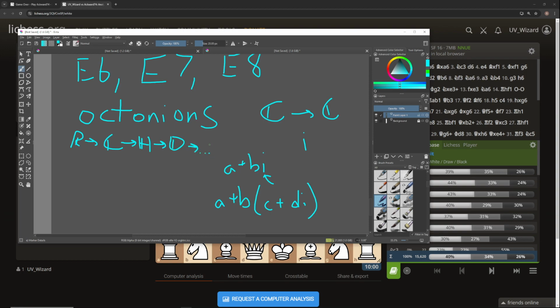Sedenions are next. But this R, H, C, O comes up a lot. They're important for certain reasons. And what I want to say is that the Mobius transformations are isomorphic to the quaternion algebra.